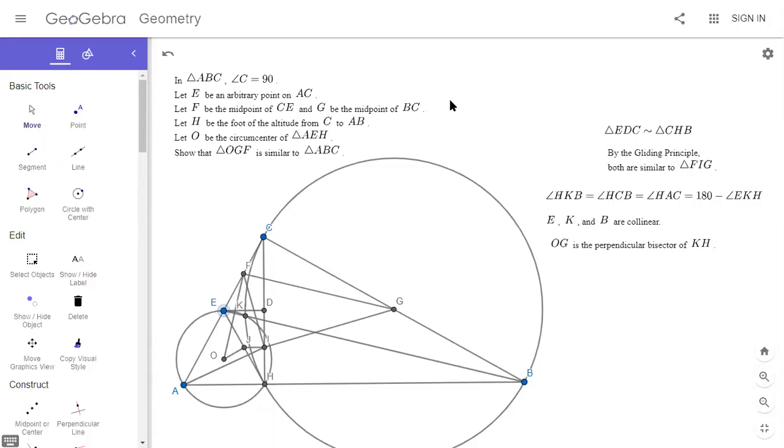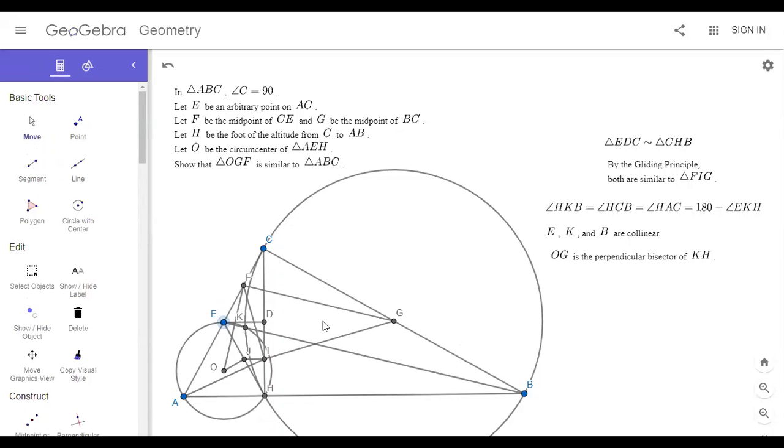Let's see if Timo has an idea. We can try to show OG is parallel to KD. That's interesting. Yeah, that's exactly what I was trying. So OG is the perpendicular bisector of KH.